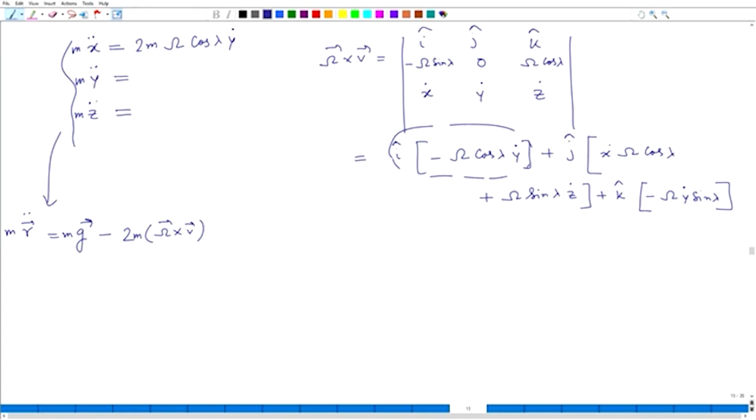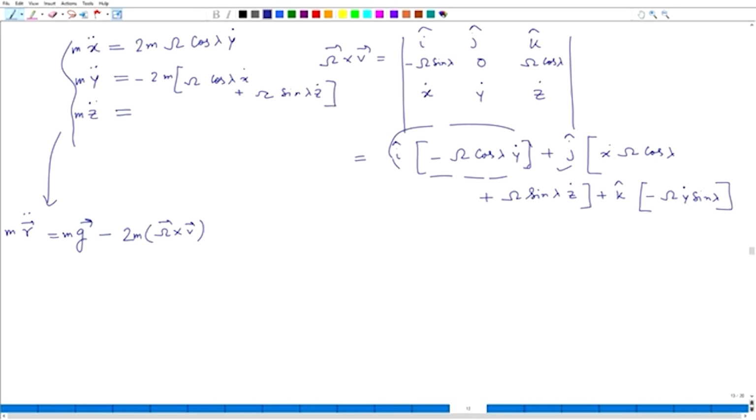For y double dot, m times y double dot, I will have this whole thing with a minus sign, so it will be minus 2m omega cos lambda x dot plus omega sin lambda z dot.